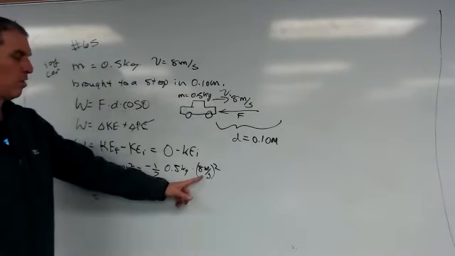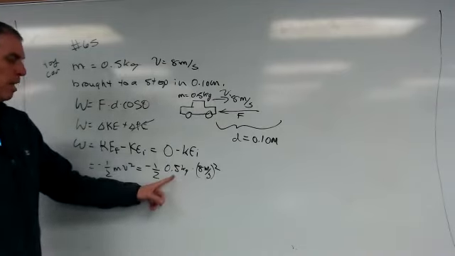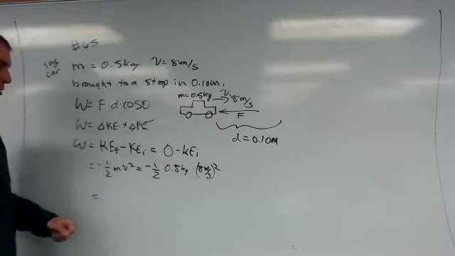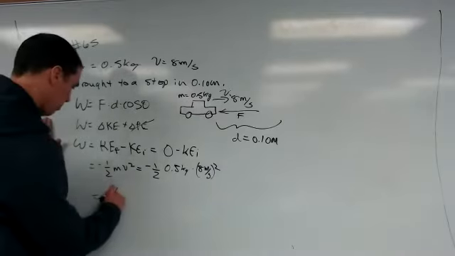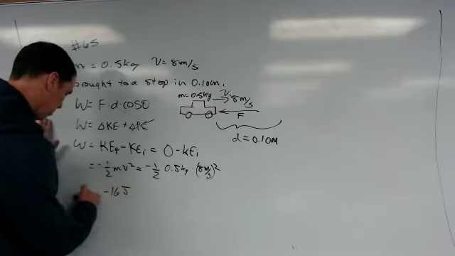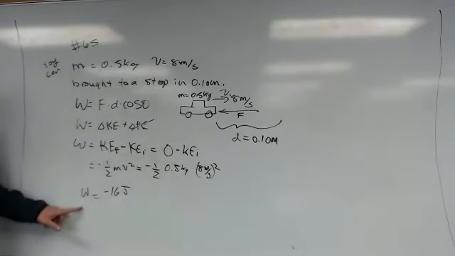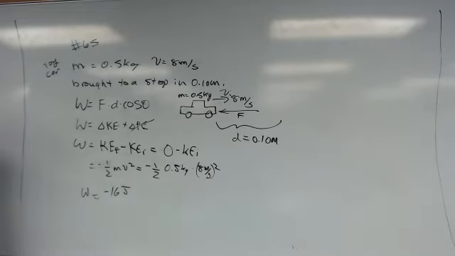So 8 squared is 64, times 0.5 is 32, divided by 2 is 16. Is that right? That's how much work I have to do. So if I'm going to stop it in 0.1 meters, what does my force have to be?